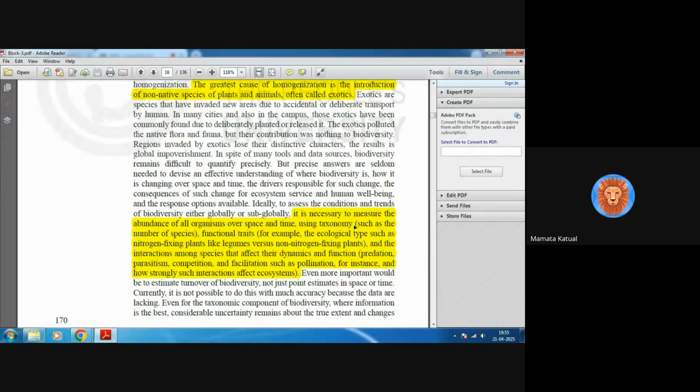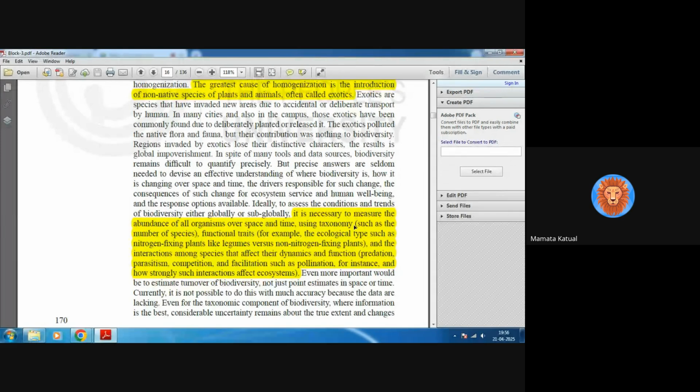Similarly, the interaction between the organisms, like parasitism: how many parasitic organisms are present, and what is the competition, competition for light, for water, for space, for minerals. Then how one organism is dependent on another organism for pollination.